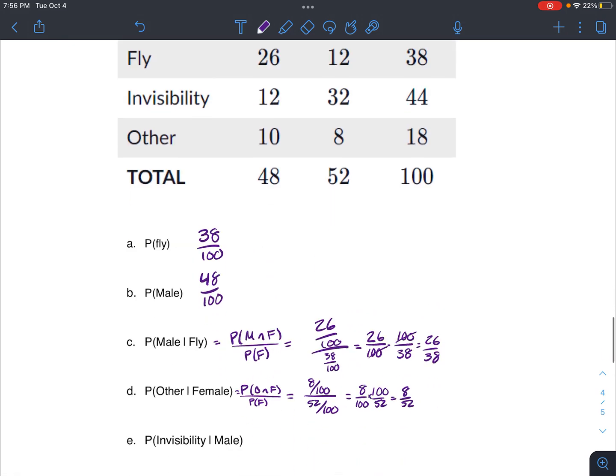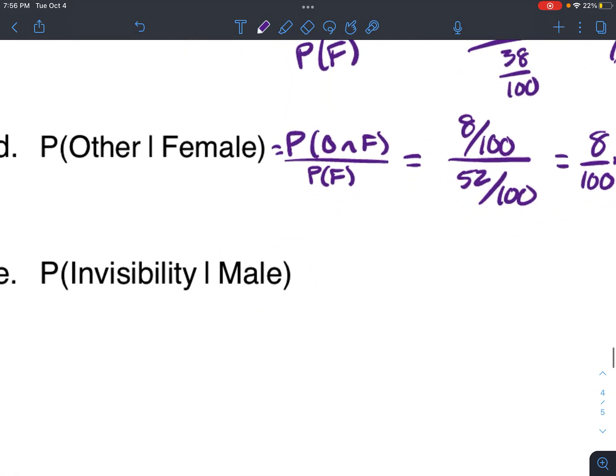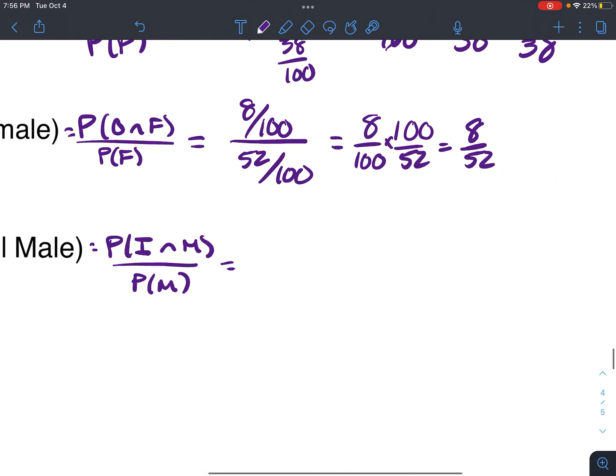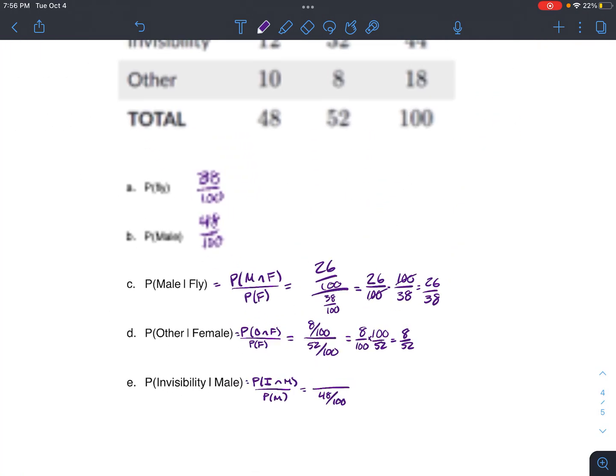Now, the probability that you want invisibility given you're male, so that's the probability of I given M over the probability of M. I know our probability of being a male is 48 over 100.